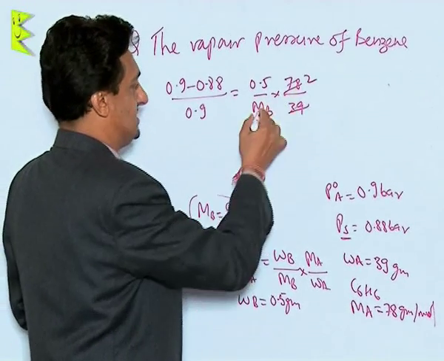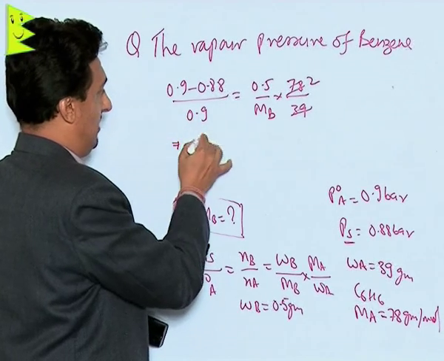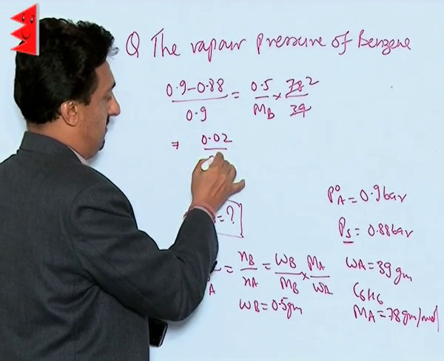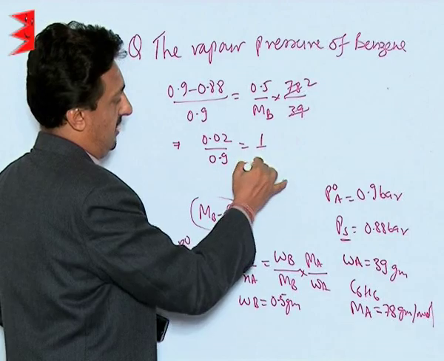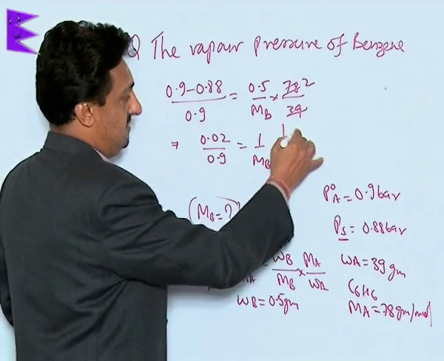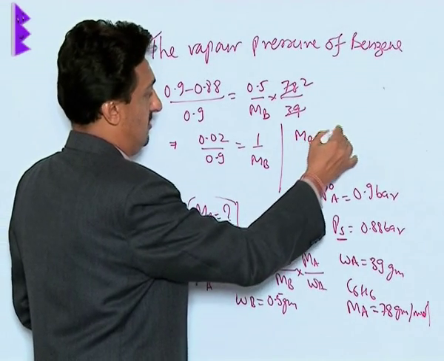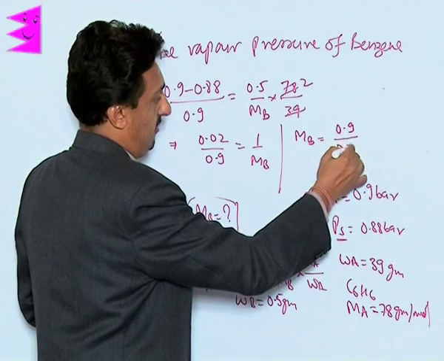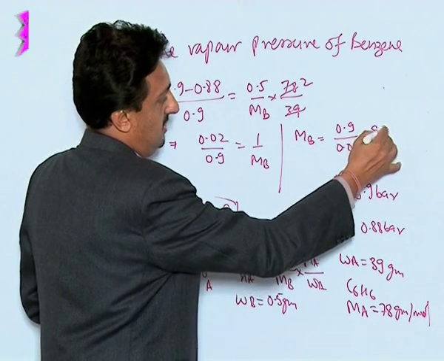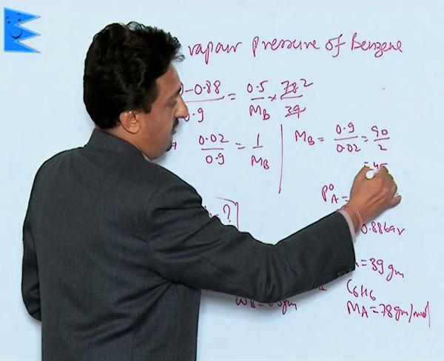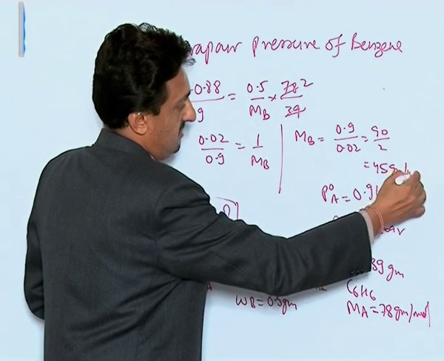So it will be twice, and this will come out to be 0.02 upon 0.9. It will be 1 by molar mass, so Mb comes out to be 0.9 upon 0.02, which is 90 by 2, that is 45 grams per mole.